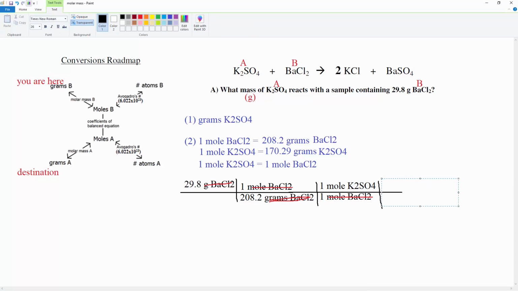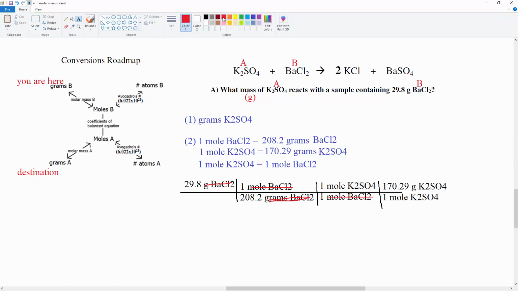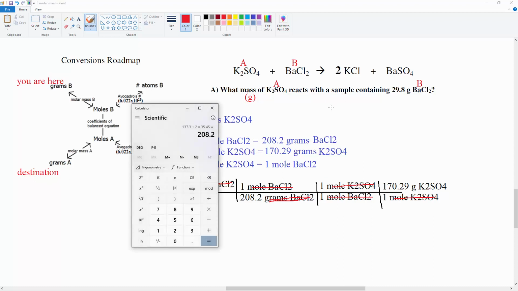So we're going to put 170.29 grams K2SO4, 1 mole K2SO4. That's it. We are at grams of A, which was our destination, grams of K2SO4. And so now we can just plug it in.